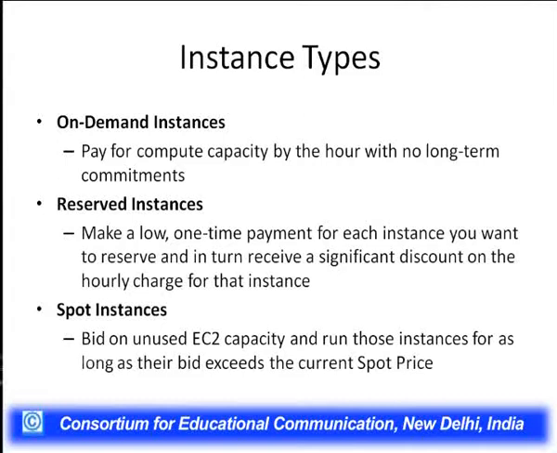In this case, you make a one-time payment for each instance type you want to reserve, and you receive a discount on the hourly charge for that instance, but of course it will be more expensive than the on-demand one.